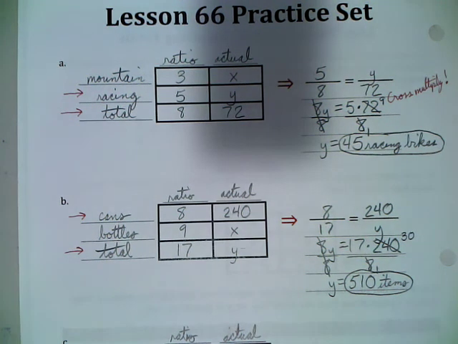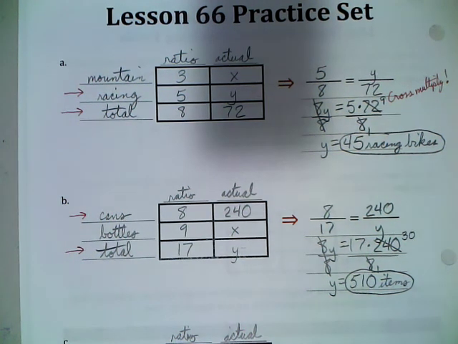Our ratio there is 4 to 11, and so the 4 has to do with the big fish, and the 11 has to do with the little fish. So 4 is the ratio number for the big fish, and 11 is the ratio number for the little fish, which makes a total ratio number of 15 for all of the fish together.